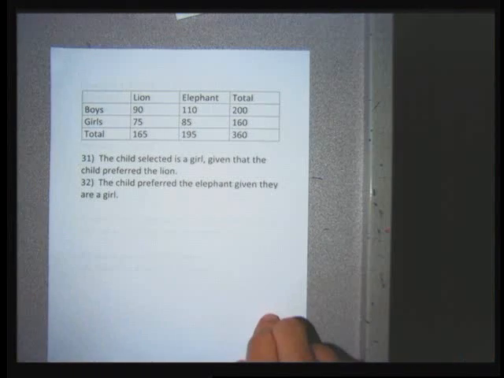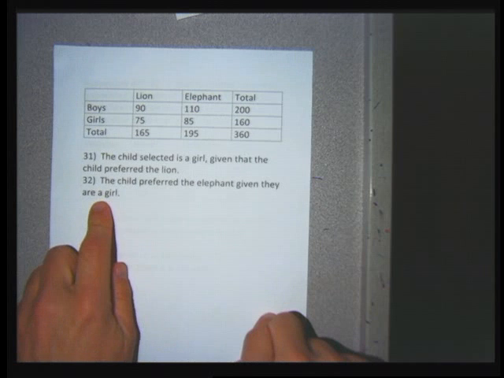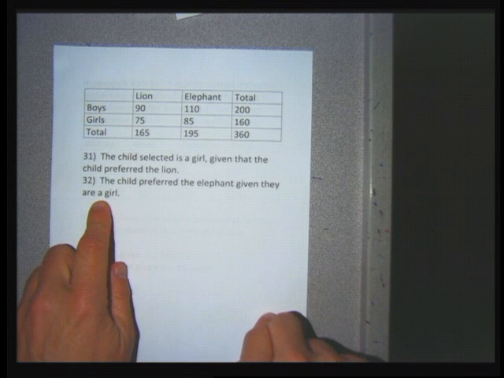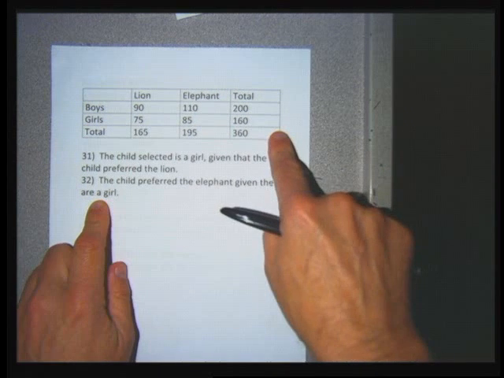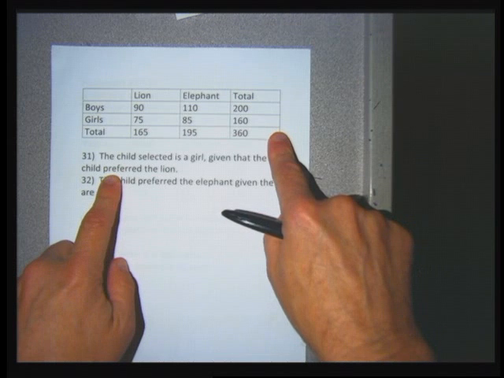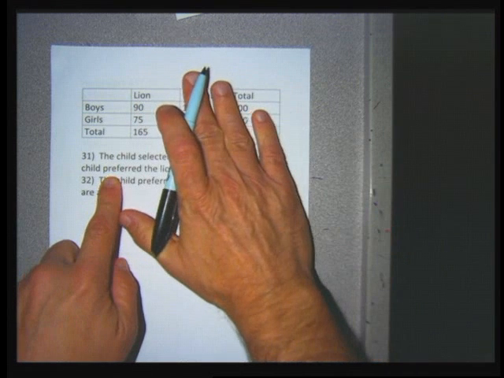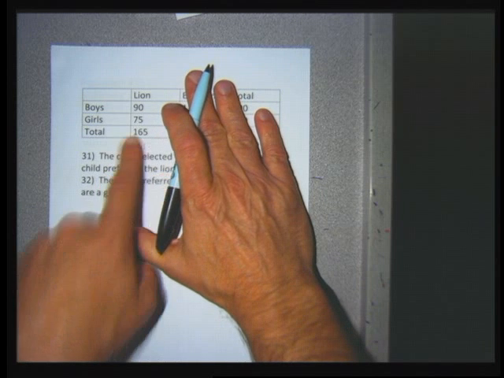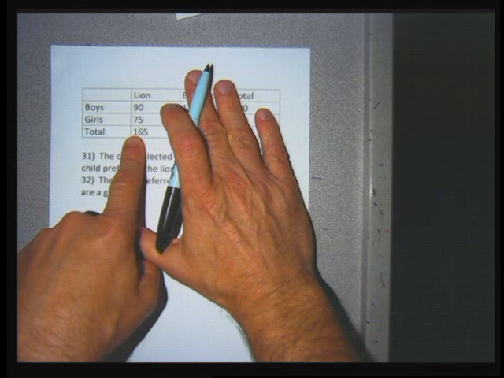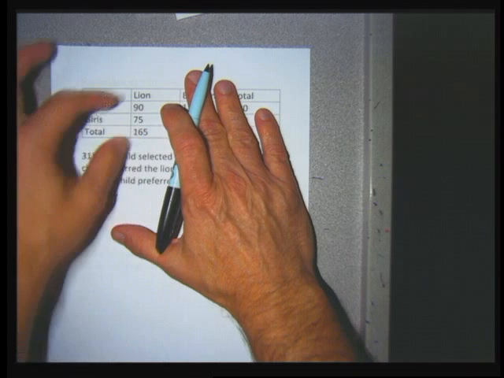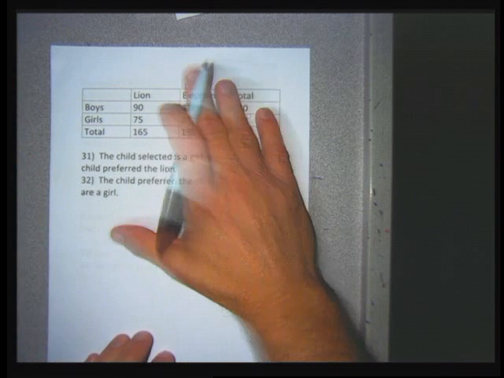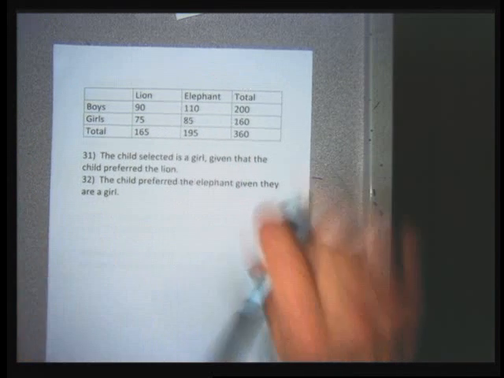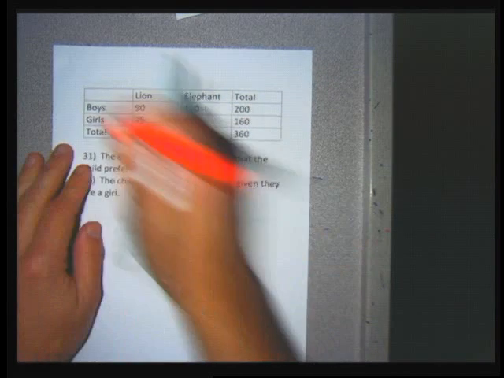For 32, I'm focusing on given a girl, so I'm going to focus on the girl row. For 31, you're focusing on preferred the lion, so you're going to focus on that column. So for 31, your denominator is going to be 165, because you're told the child preferred a lion and you're only looking at the lion column. I'm told the child's a girl, so I'm only looking at the girl row.